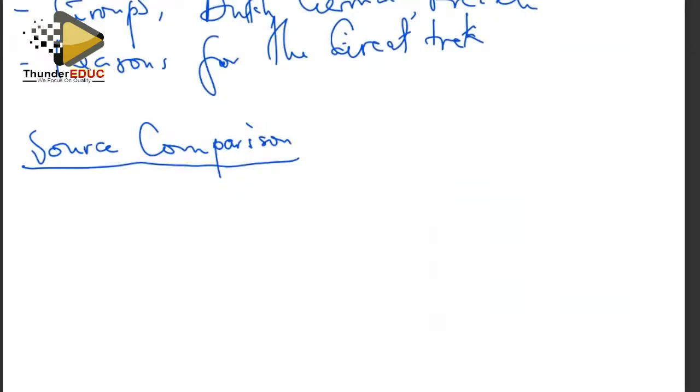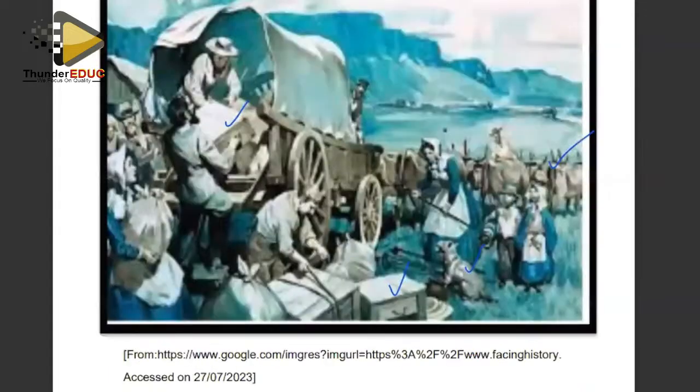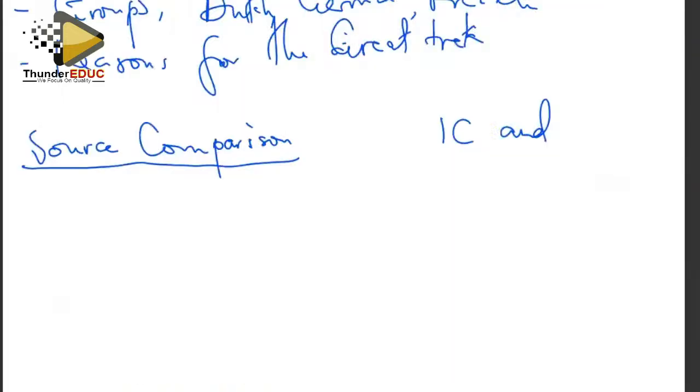We're comparing source 1C and 1D. But what you're supposed to do when you're comparing sources, we use this format here.